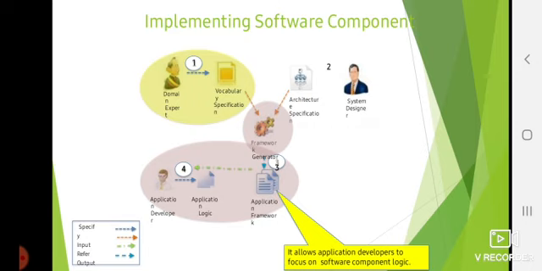Both are combined in the framework to generate the application framework. The application framework is given to the application developer, who specifies the application logic. Implementing the software component allows the application developer to focus on the software component logic, that is, the application framework.